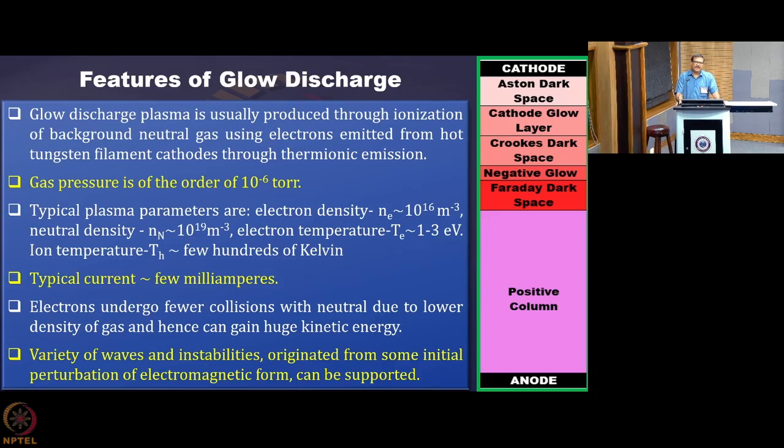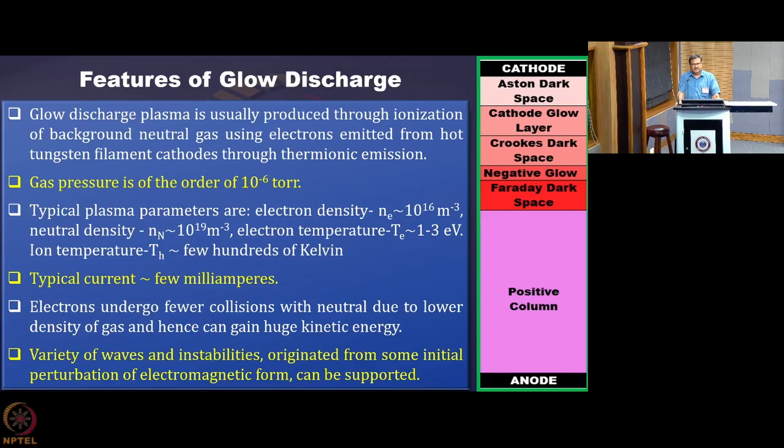Typical current in glow discharge is of the order of a few milliamperes, and electrons undergo fewer collisions with neutrals due to the lower density of gas, and hence can gain huge kinetic energy. That is how the energy of the electrons is so high, and it can support various kinds of waves and instabilities because of initial perturbation in the electromagnetic field distribution.